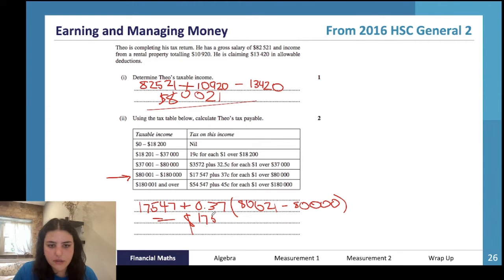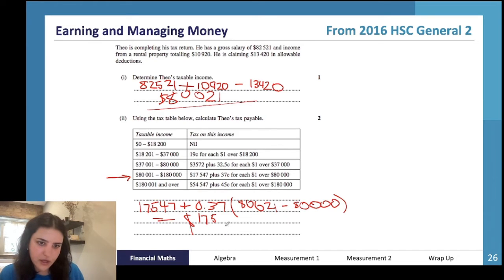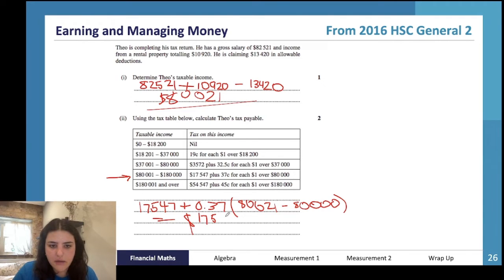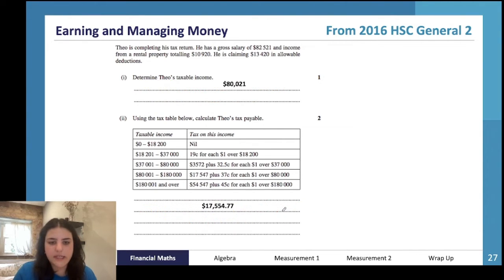Okay, so we've got 17,500. Oh, hang on. Actually, no, that was wrong. Let me check my answer. 17,568. Oh no, 17,554. Sorry, no, that's the correct answer. 77, and you'll see here we've got them worked out. Again, these are our correct answers: $80,021, $17,554.77.